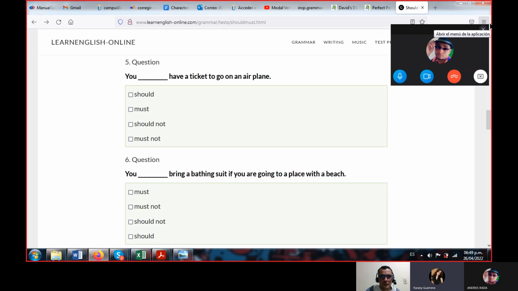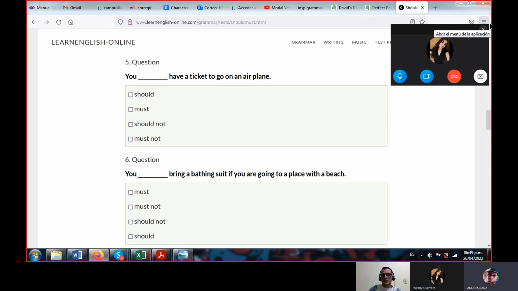Es como deberías tener un tiquete, o tú tienes que tener un tiquete. Maybe both is possible, but it's more stronger. Tienes que tener un tiquete para ir en un avión. Es una obligación. El que quiera viajar debe comprar su tiquete, debe tener un tiquete.